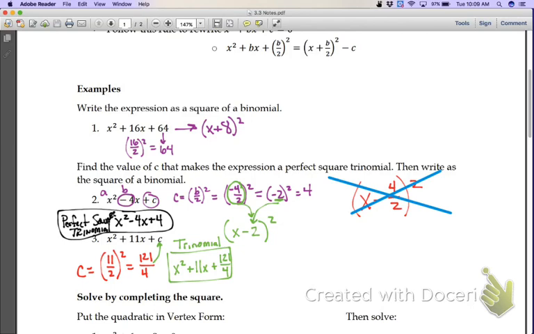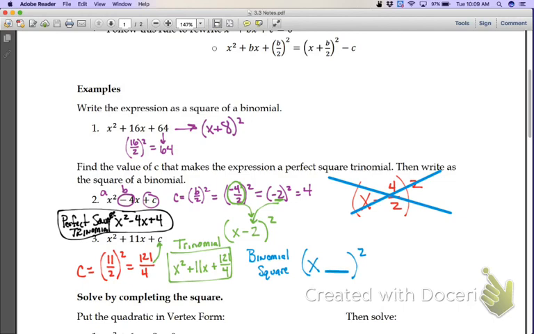Which value do I need, though, if I want the binomial square? What value do I need to take? I'm going to have a parenthesis. I'm going to have it squared. I'm going to have x. What's going to go right here?